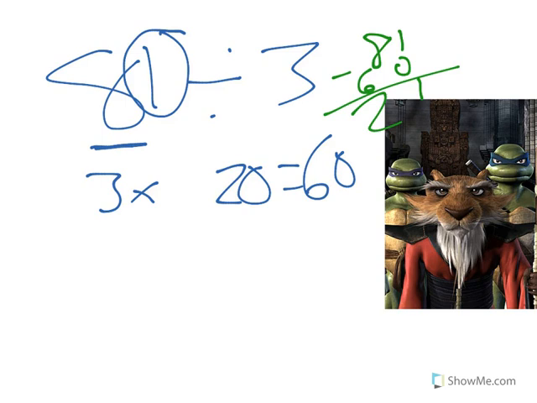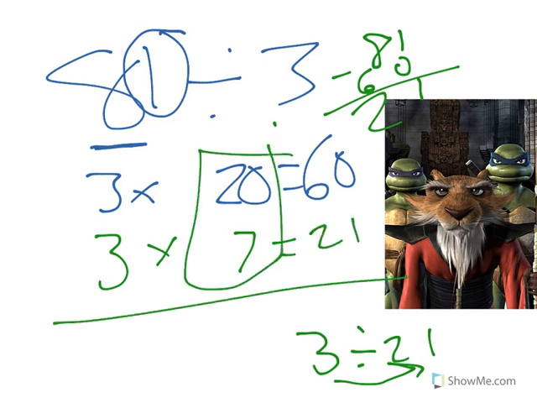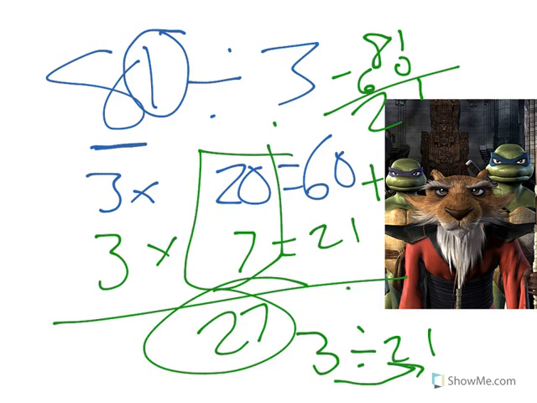So now I'm saying 3 times what is 21? I know that 3 times 7 equals 21. So now I'm going to add those two together. I get 27, so my answer is 27. And how I know if that's correct is I would add these two, and if it equals the same dividend, I'm correct.